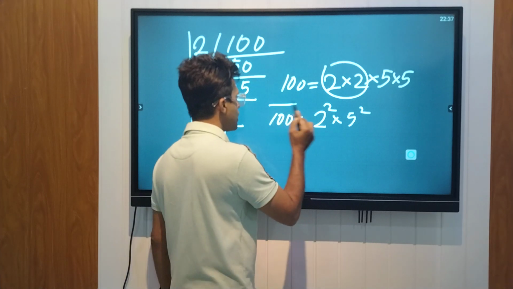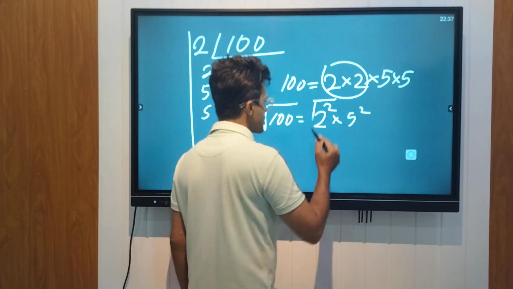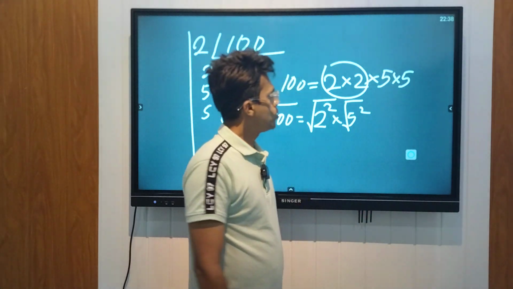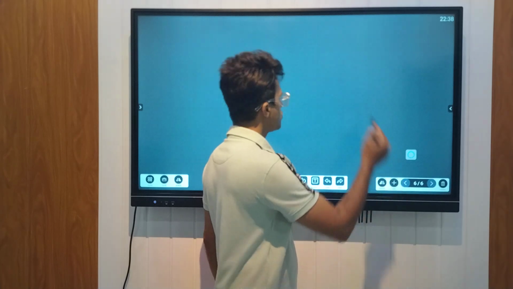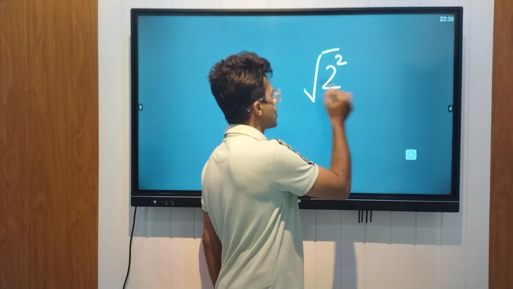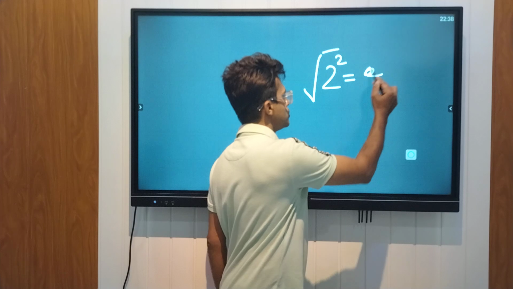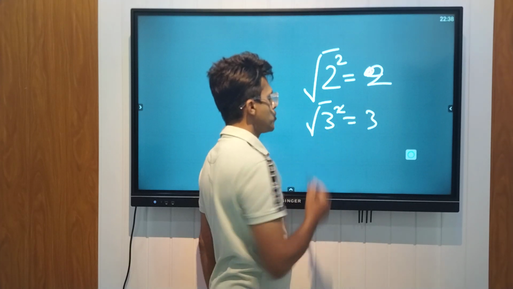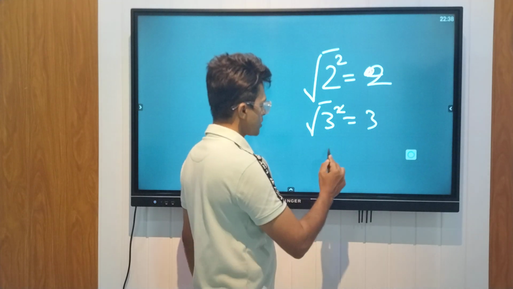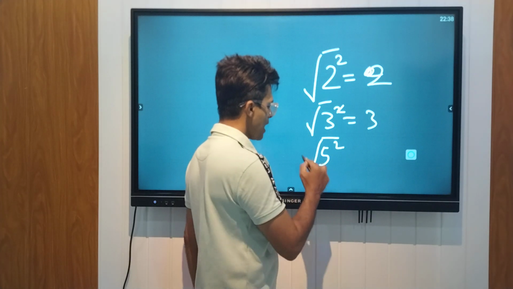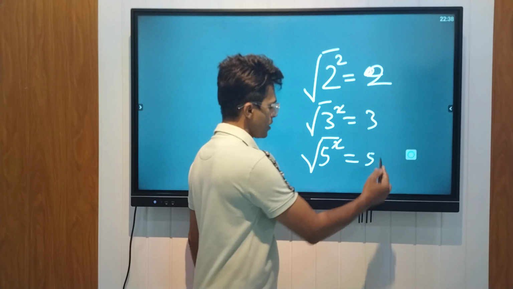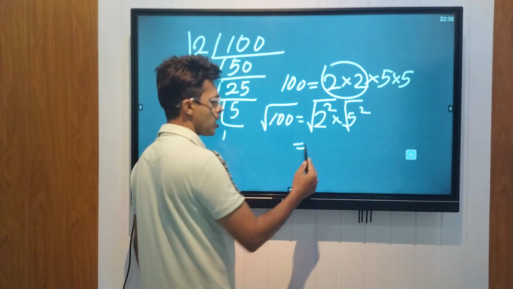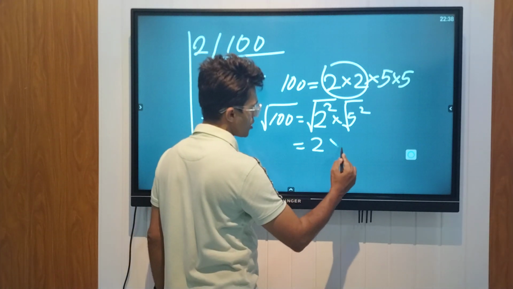Here we could get the square root of 2 squared and the square root of 5 squared.